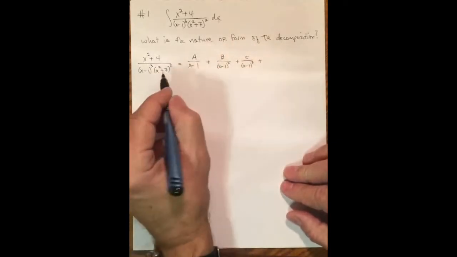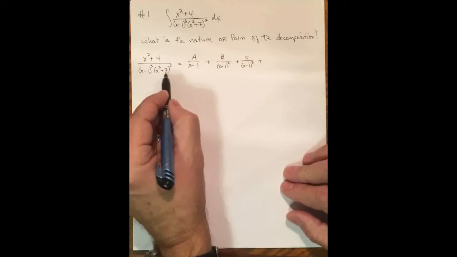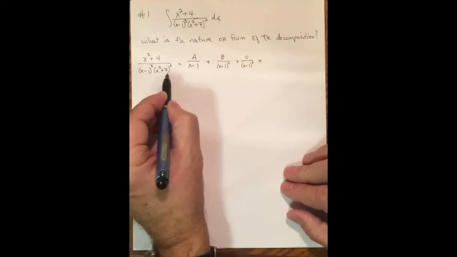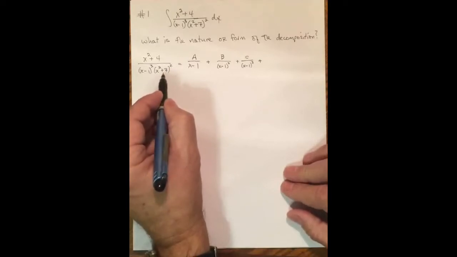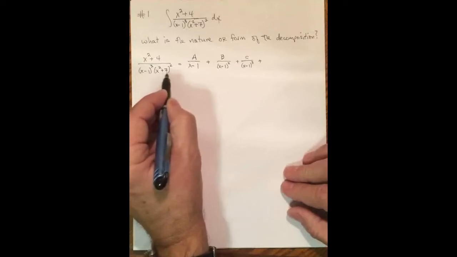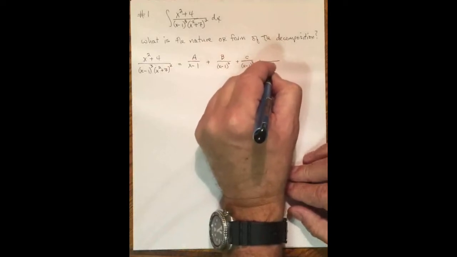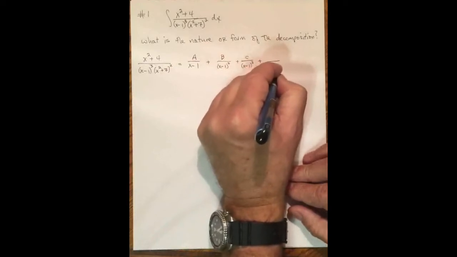Now, we have an irreducible quadratic. This cannot be factored over the set of real numbers. It can be factored, of course, over the set of complex numbers, but we don't study complex numbers in this course. So this is irreducible, sort of like a prime polynomial, kind of like a prime number. So we're going to have an x squared plus 7.